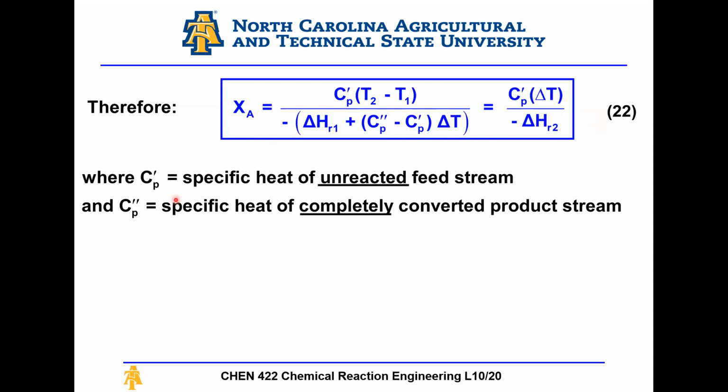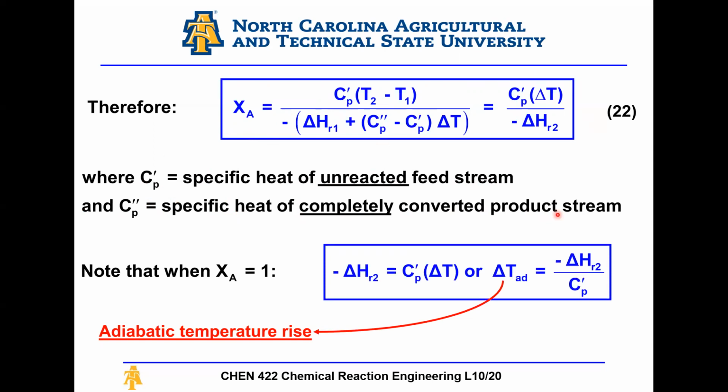And just a couple of things again. Cp prime is the specific heat of unreacted feed. Cp double prime is the specific heat of the completely converted product. And if XA equals 1, I can rearrange this to get minus delta HR2 is equal to Cp prime delta T, or the delta T adiabatic is equal to minus delta HR2 over Cp prime.